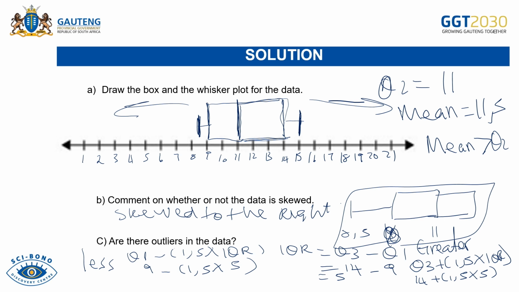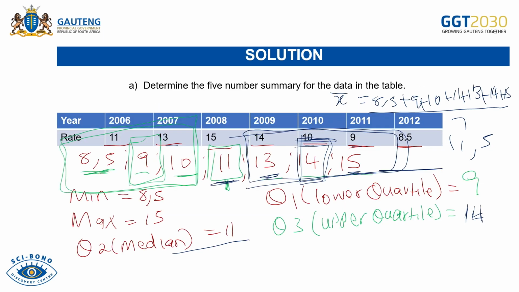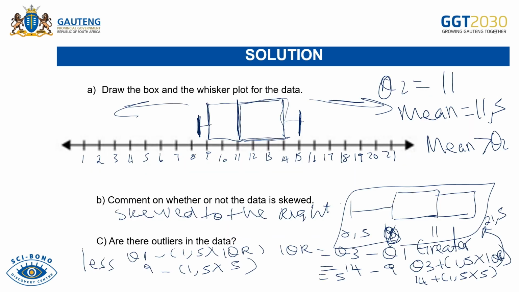Then you'll get 14 plus 1,5 times 5. Then you'll get 21,5. So it means anything that is above 21,5 is going to be an outlier. Let's go back to our data set. We check, do I have anything that is above 21,5? No, I don't have anything that is above 21,5.